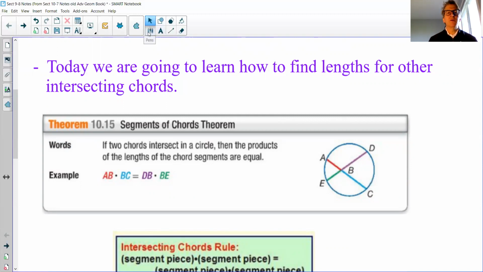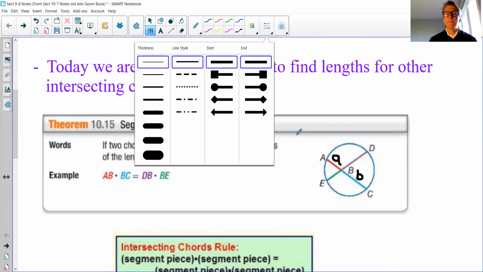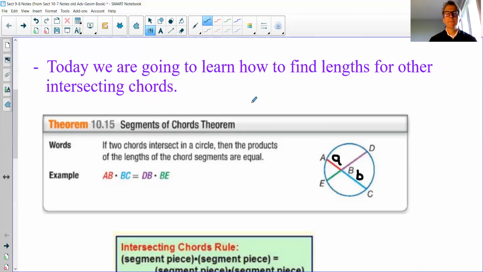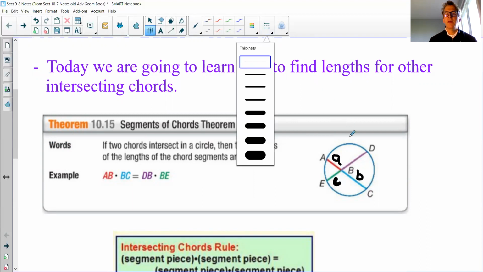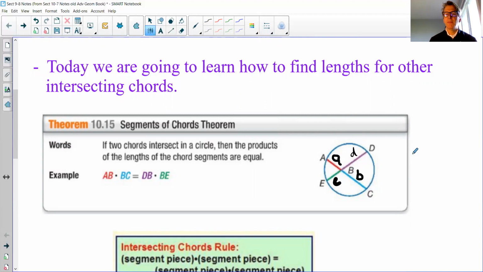Here are some notes for you. Let's call this little a, let's call this segment little b, let's call this little c, and let's call this little d. So little a, little b, little c, little d.